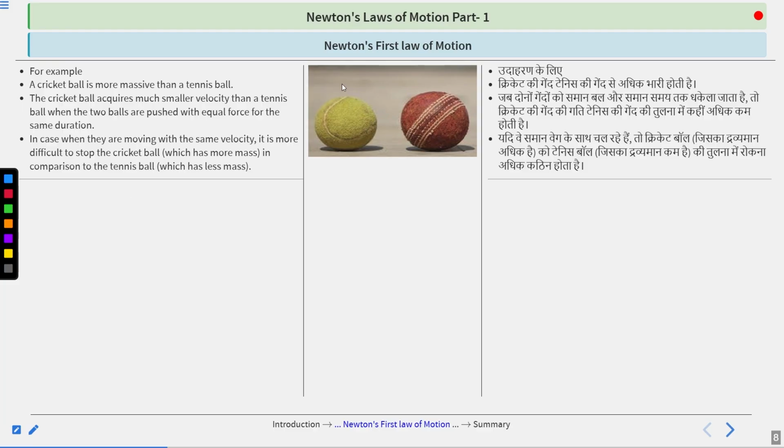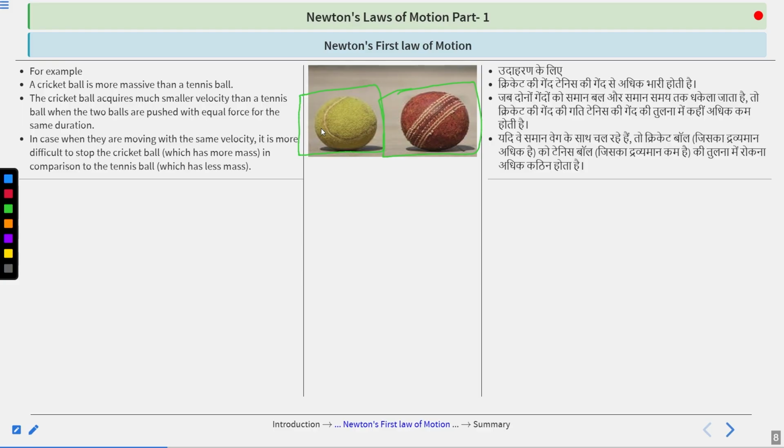If you played cricket in your childhood, you must have played with these balls, right? This is a leather ball, this is a tennis ball. The leather ball in comparison to the tennis ball is heavier and more massive. Suppose you are a batsman and the bowler is throwing a tennis ball towards you. You have to stop the ball with your bat, so you will require less velocity and less force to stop the tennis ball.